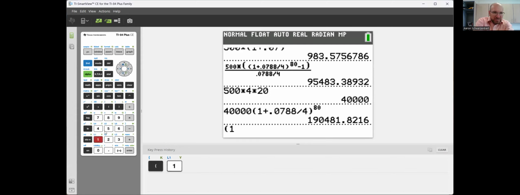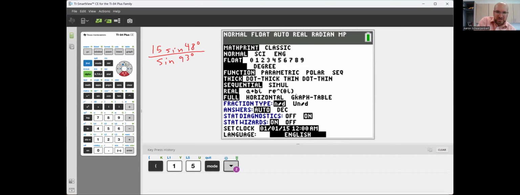I'm going to put my numerator at the top, which was 15 sine 48 degrees. Nope, I'm in the wrong mode on this calculator. So I'm going to quick switch the mode. Hopefully you have it switched correctly on your calculator. Remember, if you're using the Chromebook calculator, you're going to have to switch that.